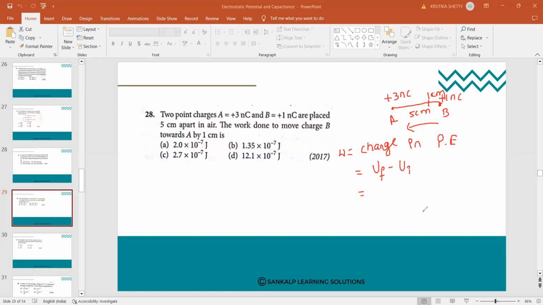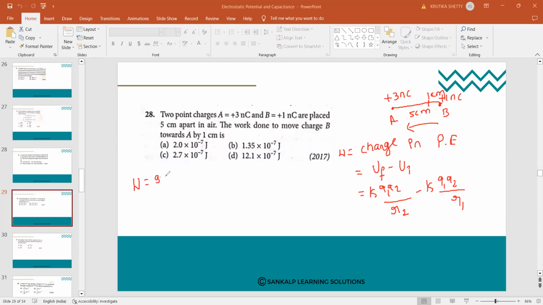Okay, will you simplify? K, that is 1/4 pi epsilon naught, is 9 into 10 raised to 9. Q1 Q2 are 3 and 1 nanocoulomb. You can take it as common. So inside the bracket R2 minus R1. R2 is 4 because 5 minus 1. Next R1 is 5. You simplify, I will just write the steps here.